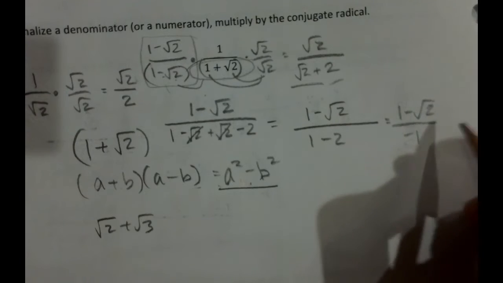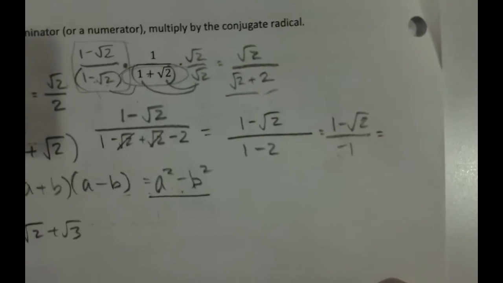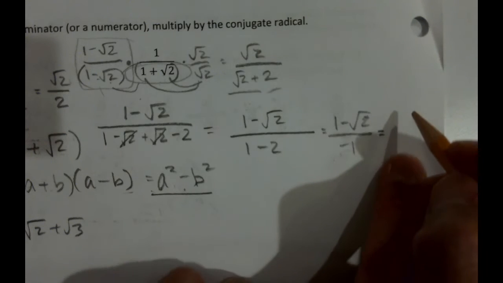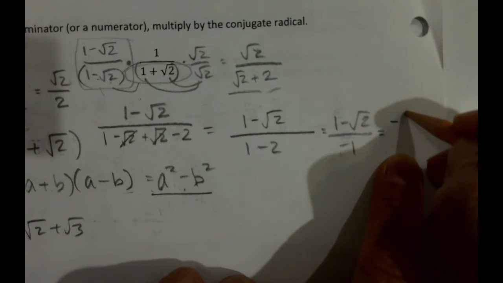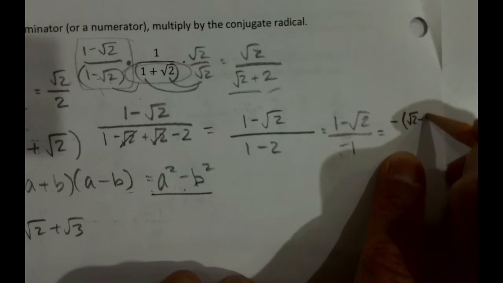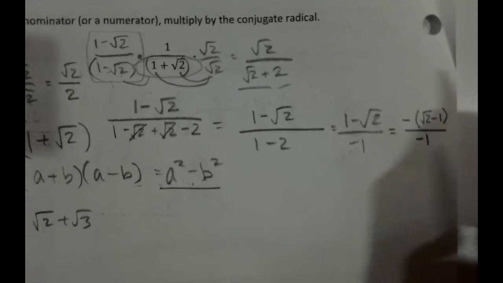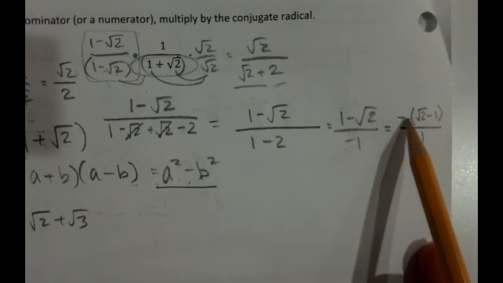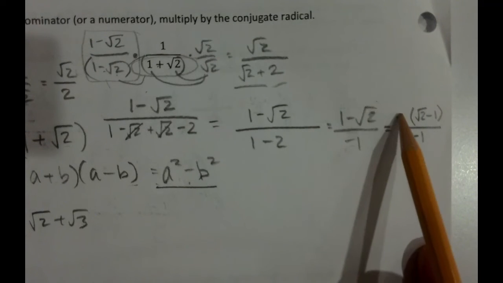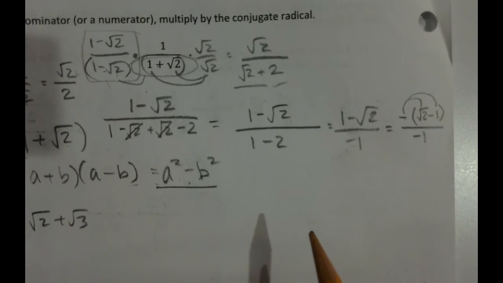And anytime you have negative 1, you can simplify by taking negative 1 out of the other half. If I take out negative, here's negative root 2, and here's my positive 1.